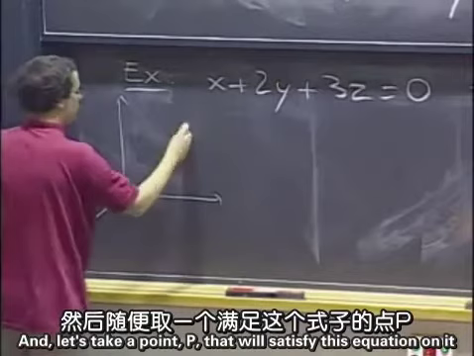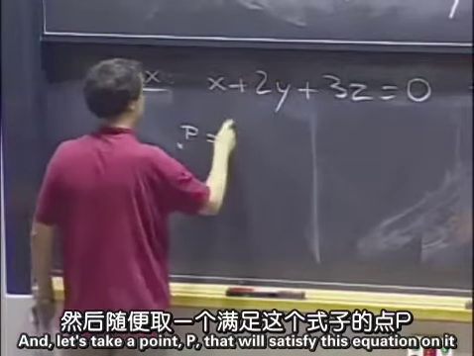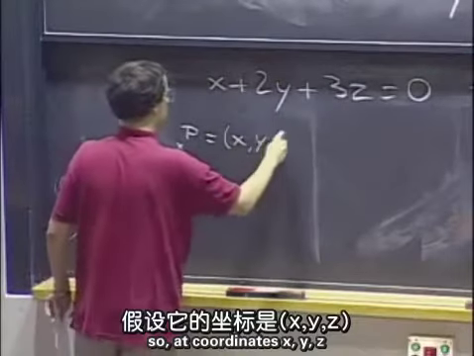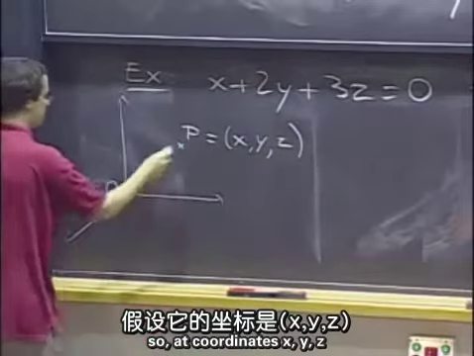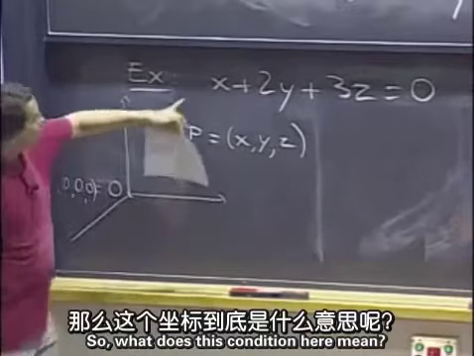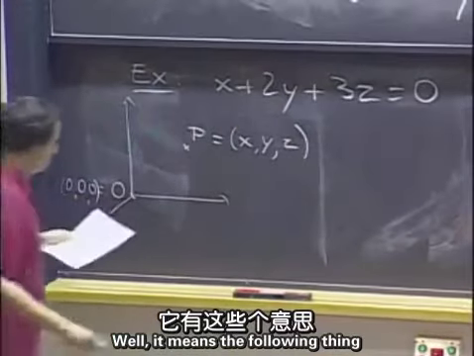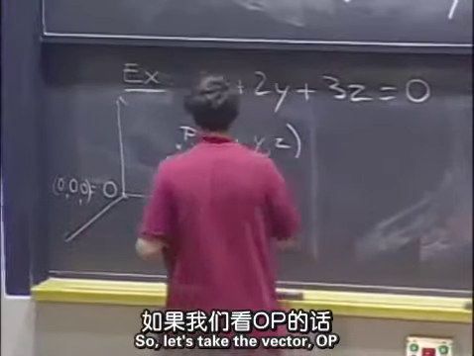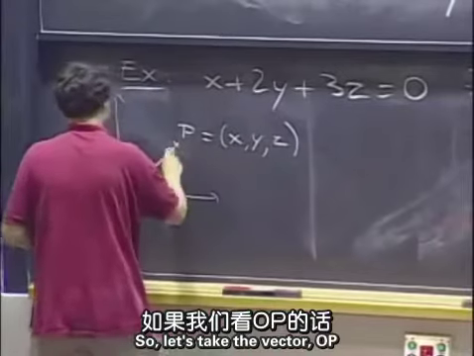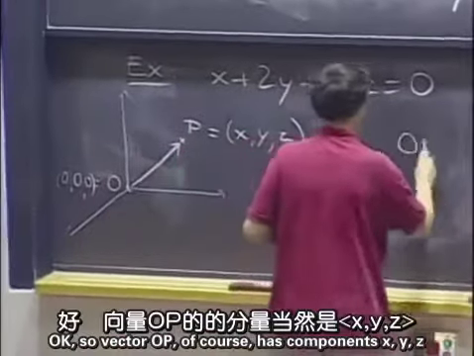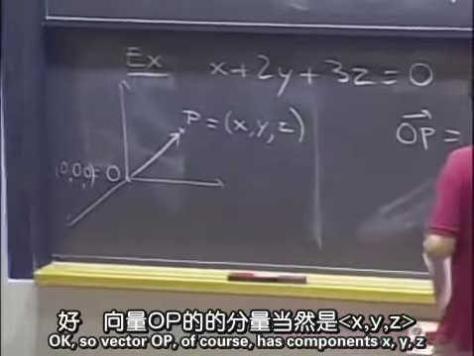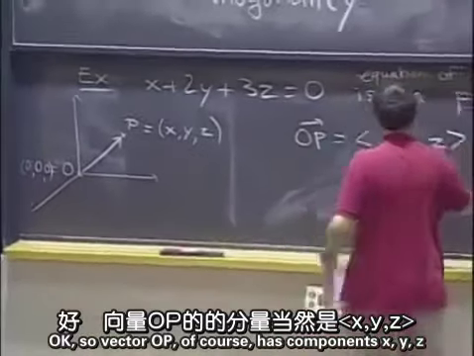And let's take a point P that will satisfy this equation or not, at coordinates x, y, z. So what does this condition mean? Let's take the vector OP. Vector OP, of course, has components x, y, z.